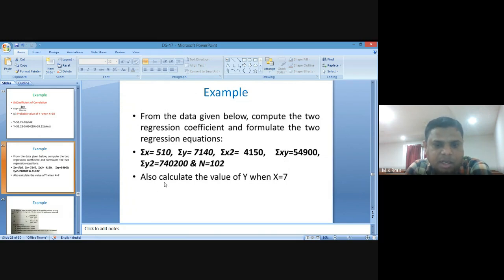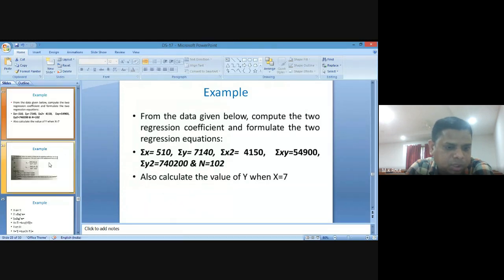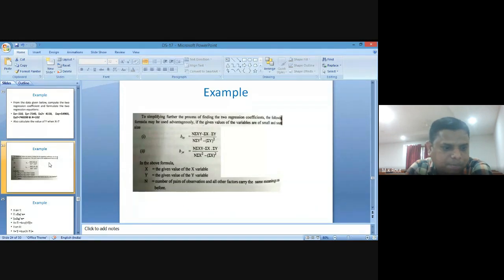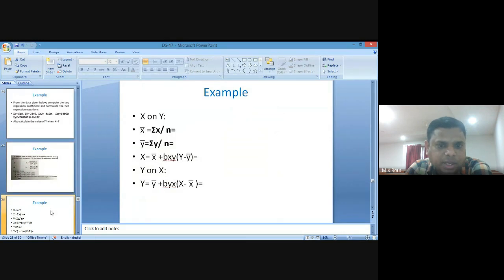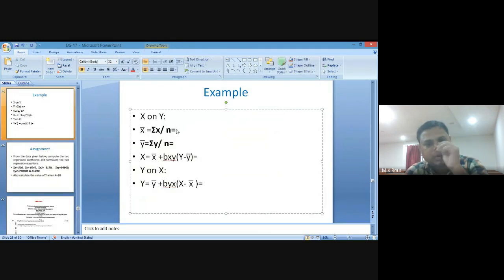And then, in the second part, you also calculate the value of y on x. So here the x value is given as 7. We have already written this particular formula. In case of x on y, as you know, first we have to calculate the mean value. So what is the mean value here?